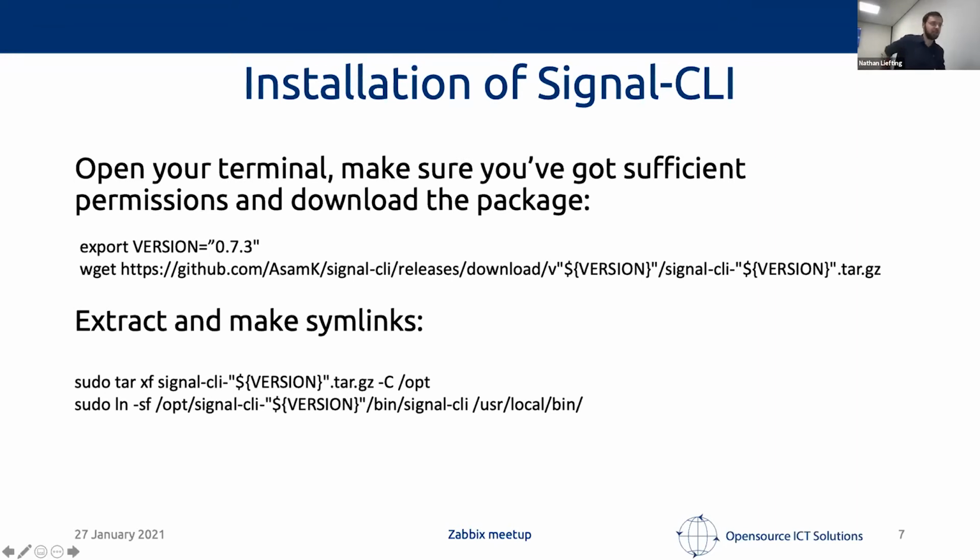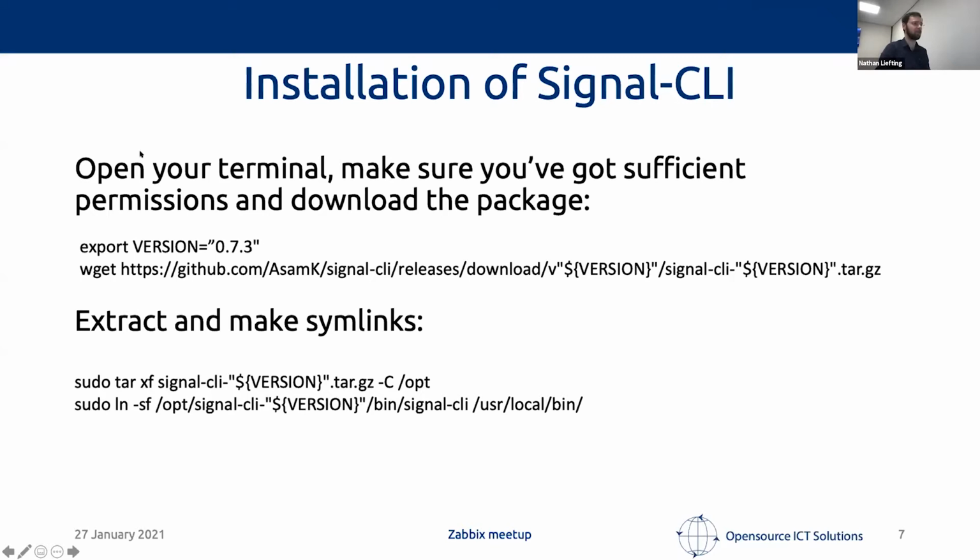Signal offers Signal-CLI so that we can use our Signal in combination with other products. So we can talk to the API using the Signal-CLI. We'll install the Signal-CLI on our Zabbix server and use it to make sure that our messages are sent to our Signal app.